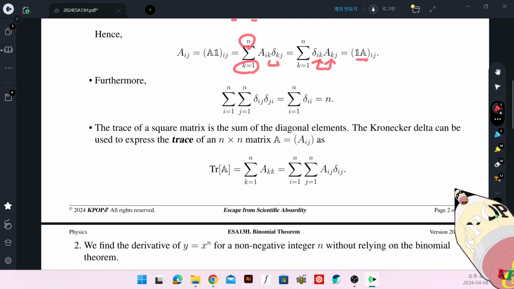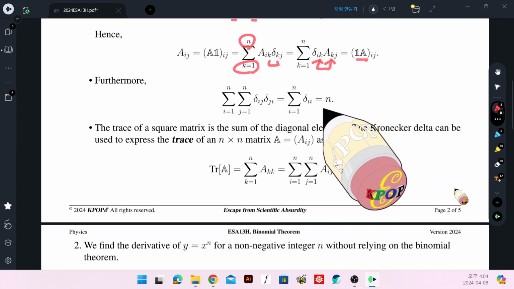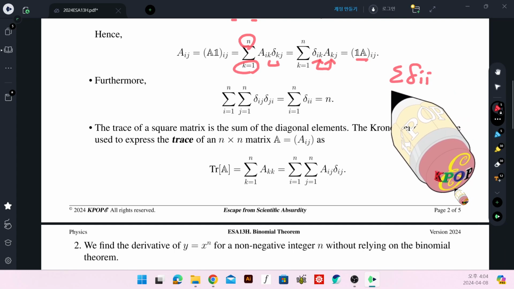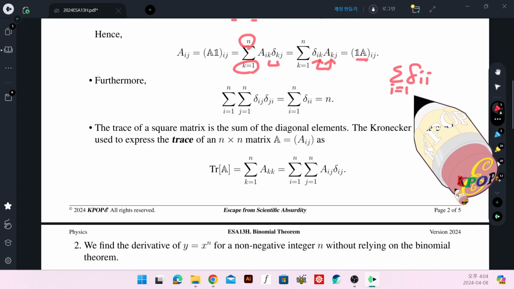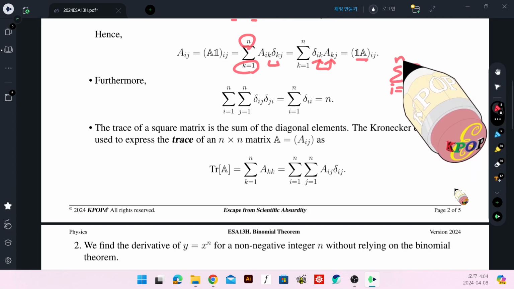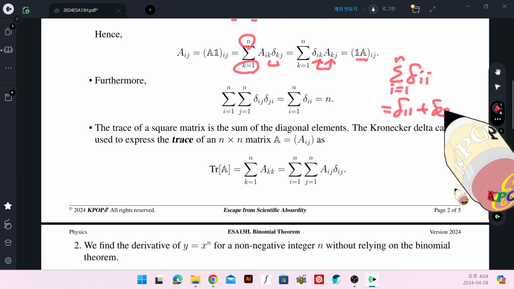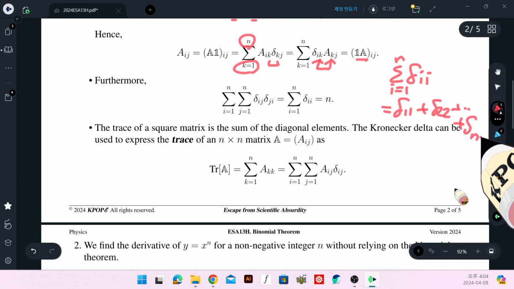Furthermore, what about the case if I compute the sum of delta ii, where i runs from 1 to n? That means delta 1,1, delta 2,2, and so on, until the end, that is delta nn.